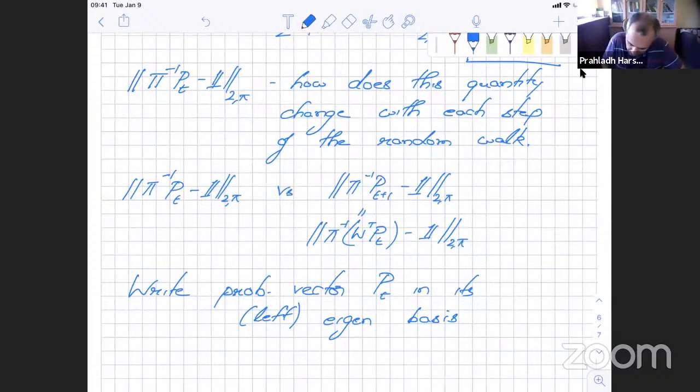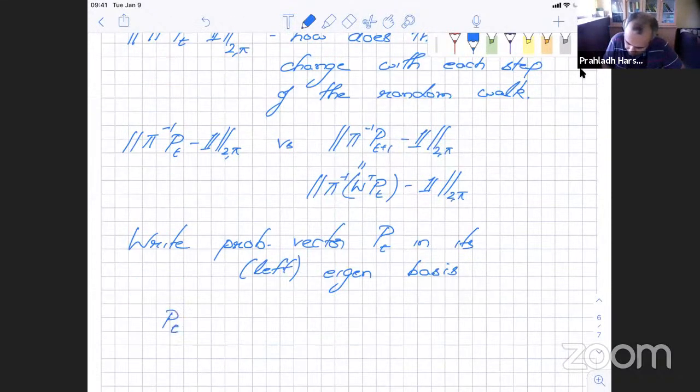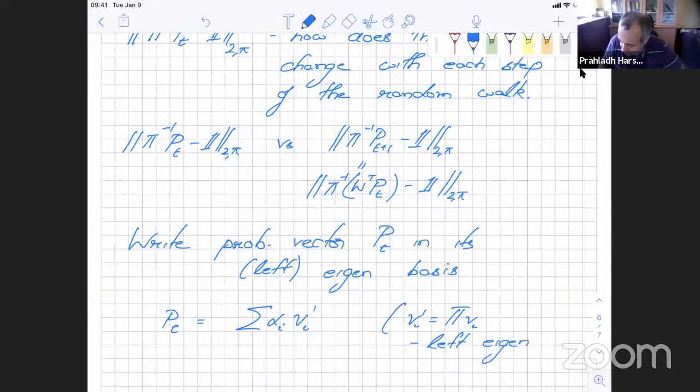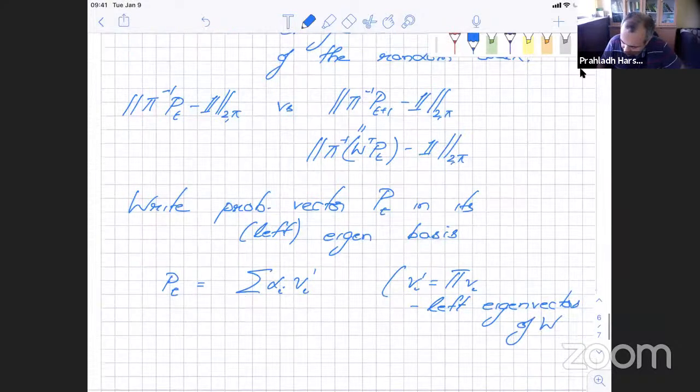So p_t, we'll write it as the summation of alpha_i v_i prime, where the v_i primes, which are pi v_i, are the left eigenvectors of W, and the v_i are the right eigenvectors.